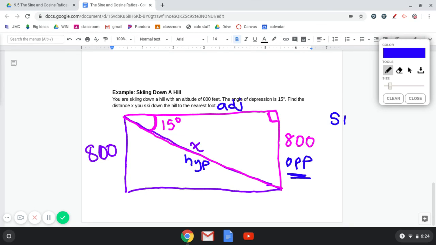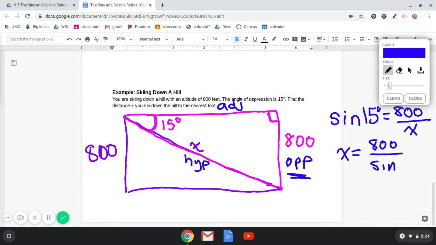So we say sine of 15 degrees equals the opposite side, which is 800, divided by the hypotenuse, which is x. Now multiply both sides by x, and then to get x by itself, divide both sides by sine of 15 to get x equals 800 divided by sine of 15.